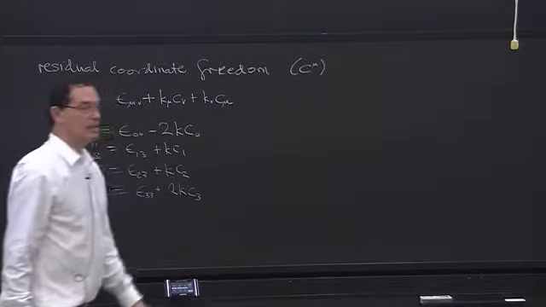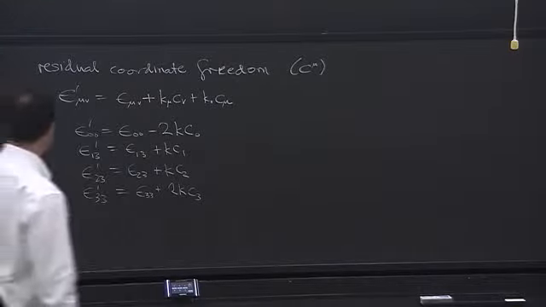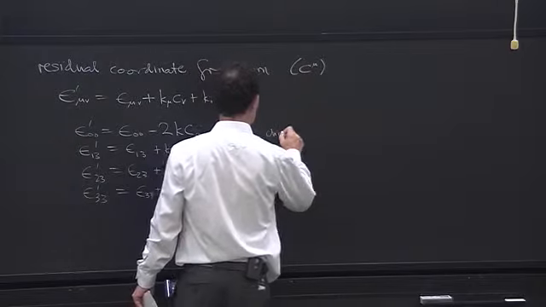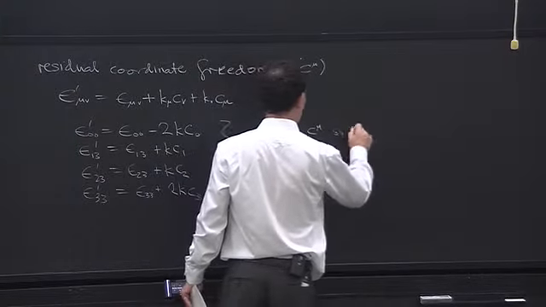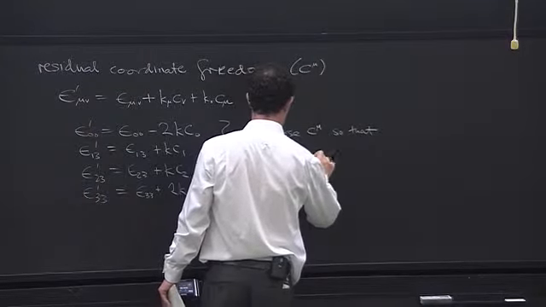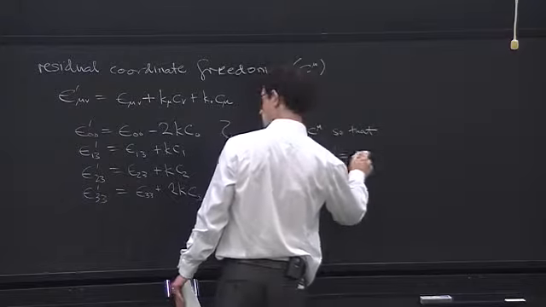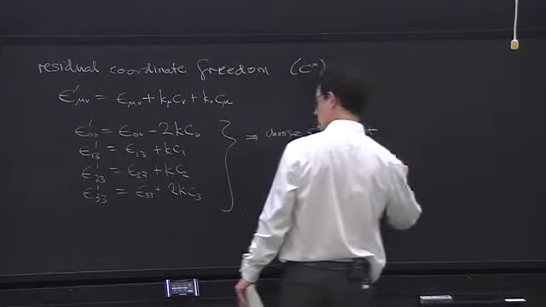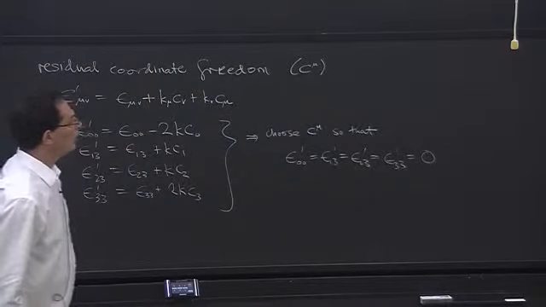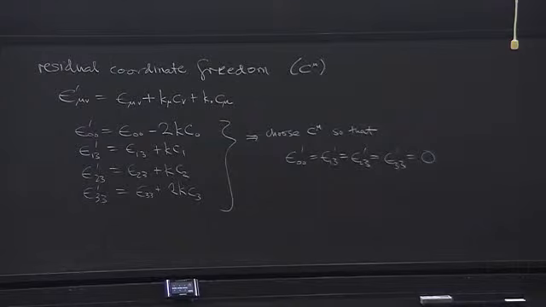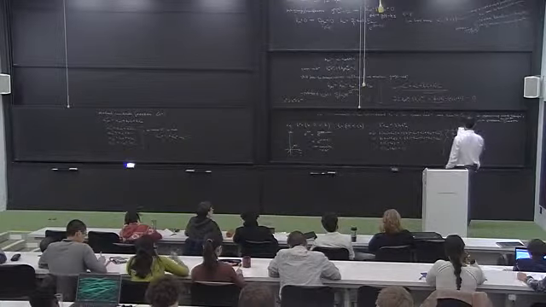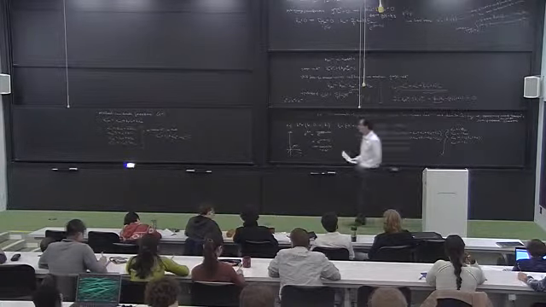And we're free to pick c0, 1, 2, 3 to be whatever we want them to be. So we can choose c^mu so that epsilon 0,0 prime equals epsilon 1,3 prime equals epsilon 2,3 prime equals epsilon 3,3 prime equals 0. And now from these equations, all of these other terms are 0.